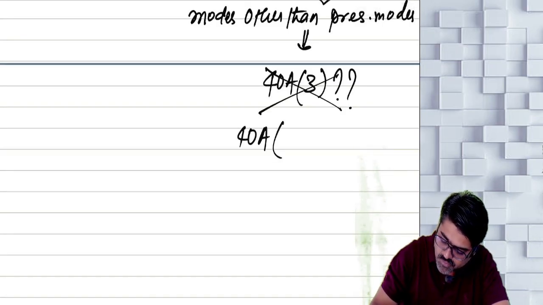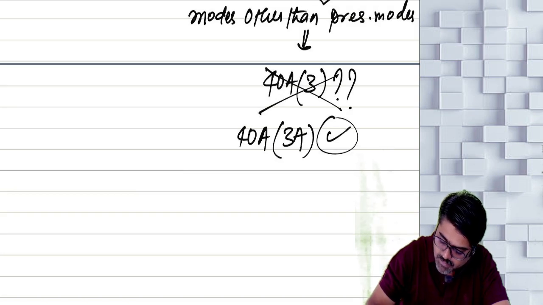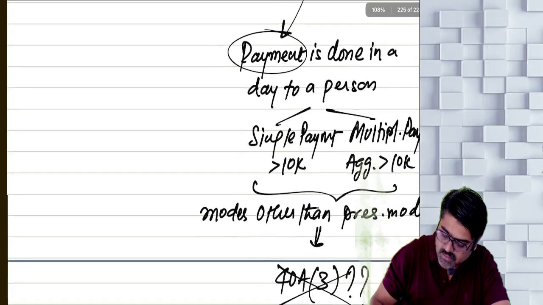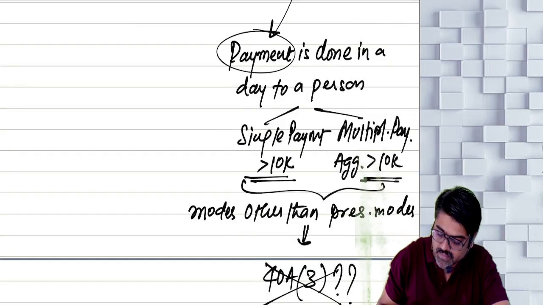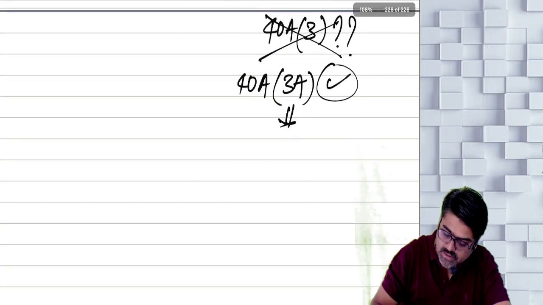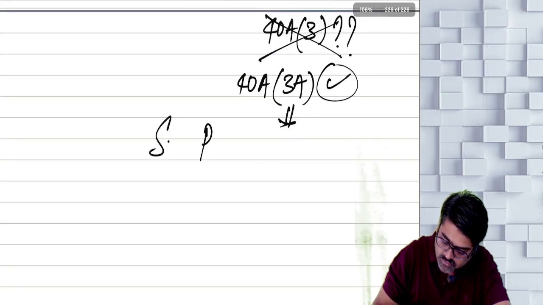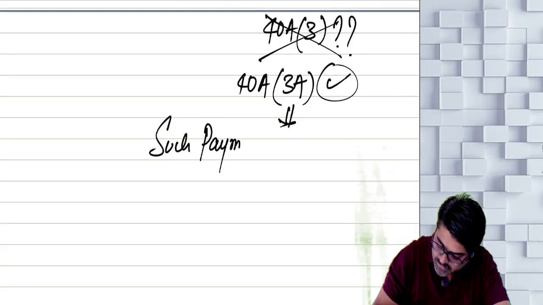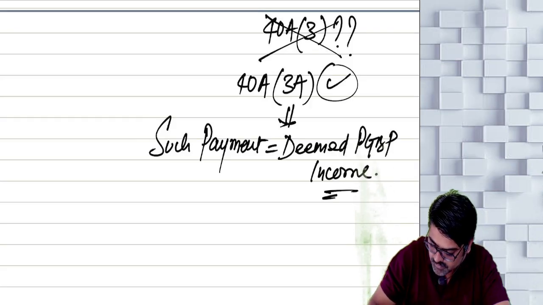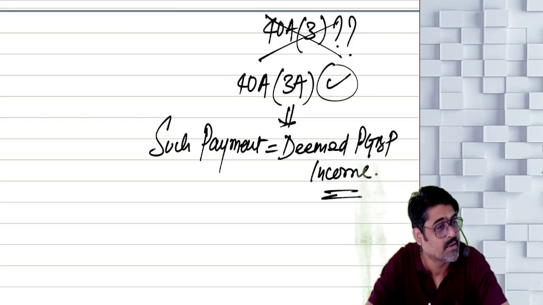A new section 48(3)(a) will be applicable, and as per 48(3)(a), whatever payment is made which is more than 10,000 by modes other than the prescribed mode, that entire payment will now be treated as your deemed PGBP income of the year in which you have made such payment.